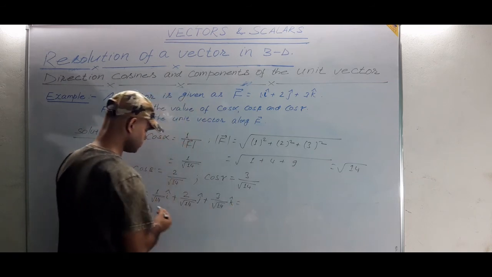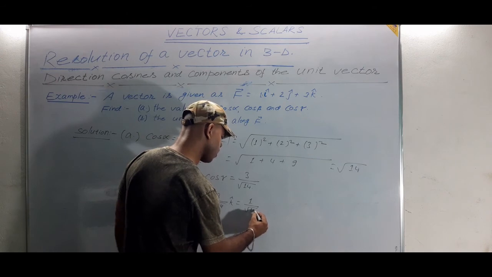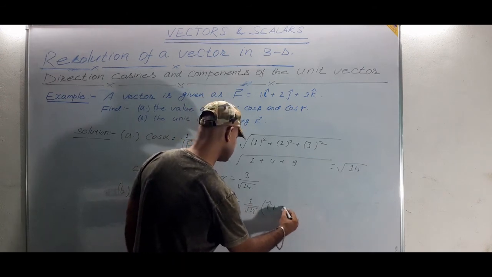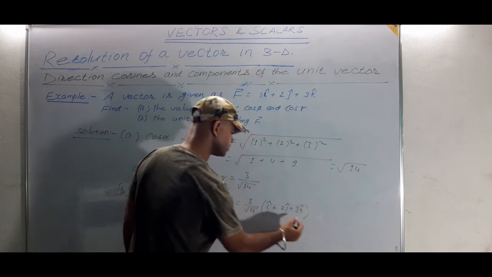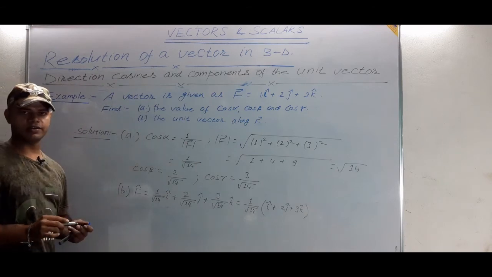Getting it? So we can take 1 upon root 14 common, so we can write i cap plus 2j cap plus 3k cap. So this is the unit vector along the given vector. Got it?